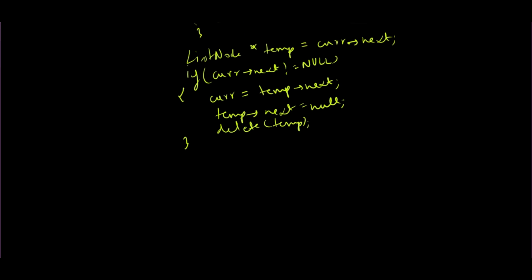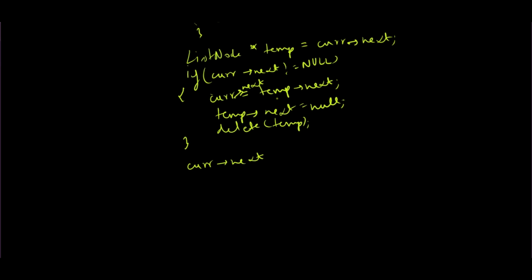Sorry, it will be current next here, because we are changing the next of current, not current. So current next will be temp next, then temp next will be null, then we delete temp. If current next was null, that means it was the last element.